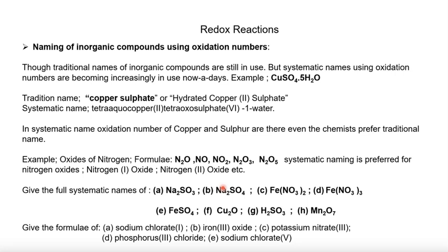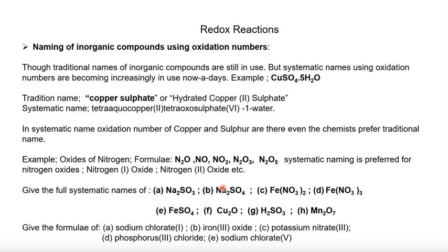According to this division, everyone should name chemical compounds with their specific naming, and that is called systematic naming. But long before systematic naming started, people also named chemical compounds, and that is called traditional naming.